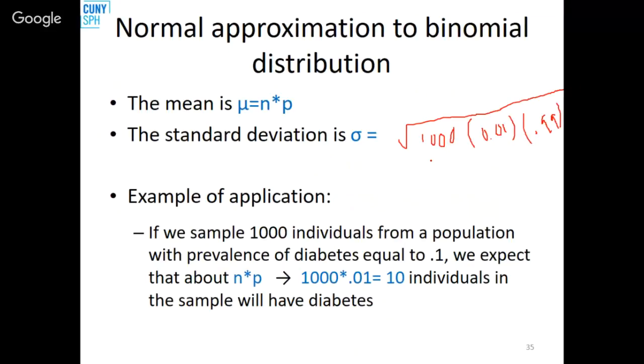So that's about the square root of 10, or about 3.3. So we have a mean of 10 with a standard deviation of 3.3. The mean minus 3 standard deviations is 0, so it's not too close to 0. It's still going to be a pretty good approximation.